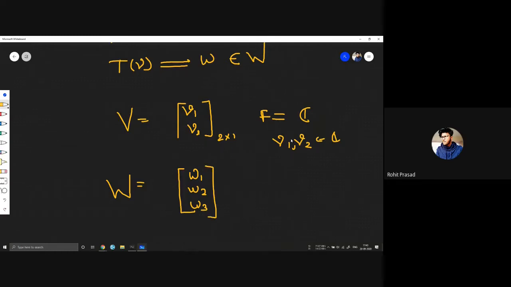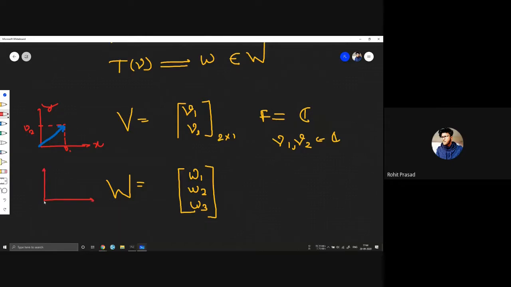You can see this V as X and Y. If you want to visualize it, imagine this one is X, this one is Y, and this vector space V is something like this: this is V1, this is V2, and V is this line. And W is something like this, so it's a three-dimensional space.